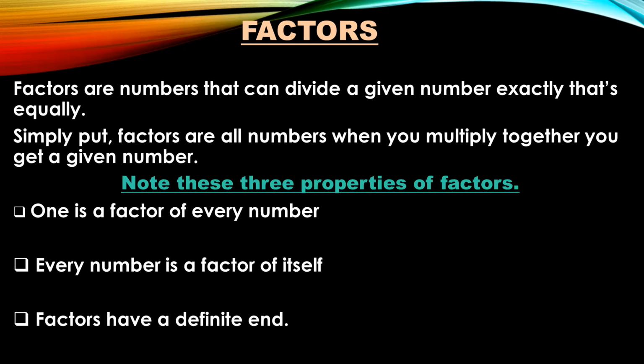This means that the group of numbers that can divide a given number ends. Say, the factors of 5: you get all those numbers that can divide 5 equally. So the factors of 5 have a definite end. Factors of every number have a definite end.